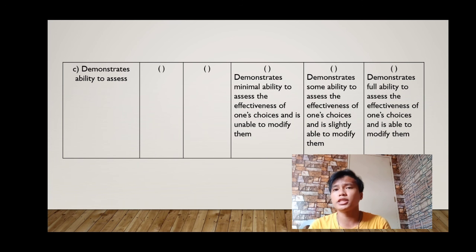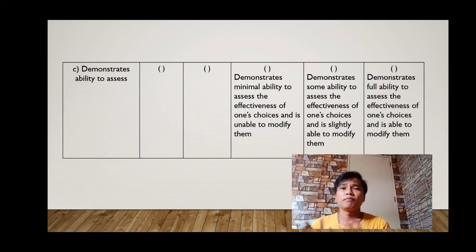An example of this is when the students can represent, explain, or evaluate well, or demonstrate some ability to assess or recognize the effectiveness of one's choices, but are only slightly able to modify them.